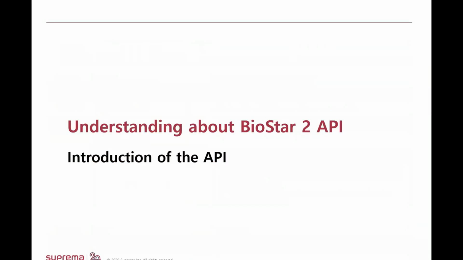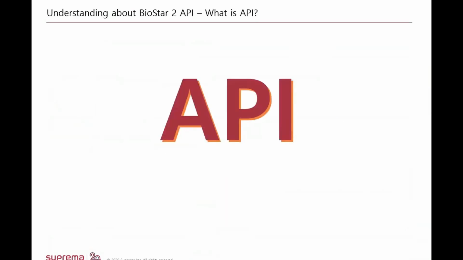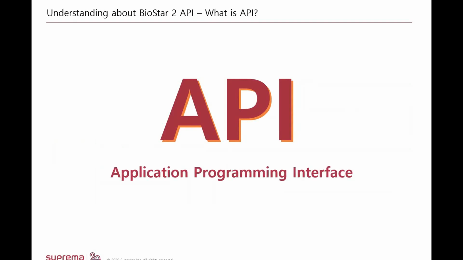Next, let's take a look at what BioStar 2 API is. To understand the BioStar 2 API, you first need to understand the meaning of the word API. What do you think the meaning of API is? The abbreviation of Application Programming Interface is called API. This means that it's an interface for an application.